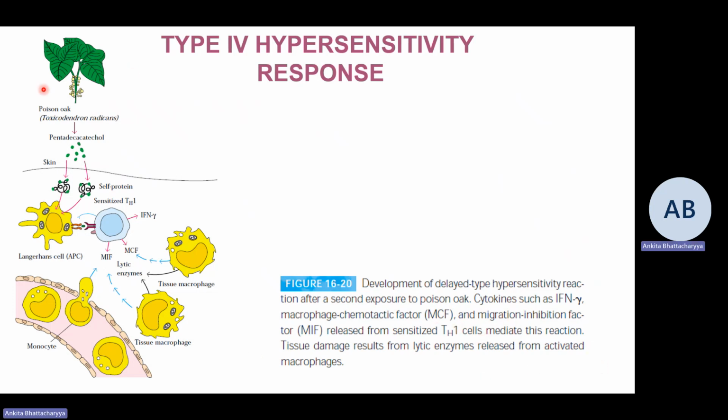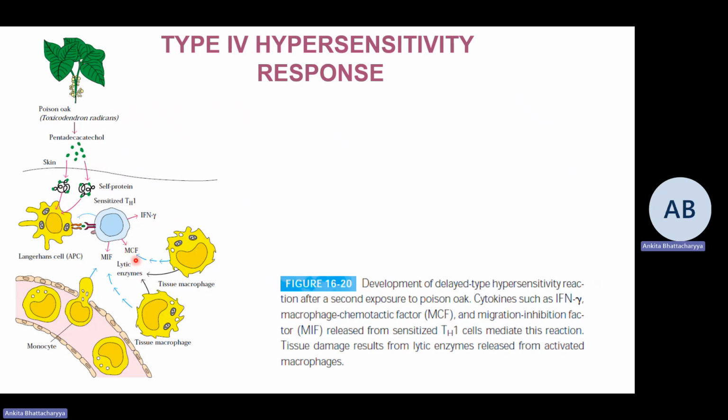So this is your allergen in this case, poison oak or Toxicodendron radicans, which releases pentadecacatechol that enters into the skin and is taken up by APCs like Langerhans cells, which then present it, sensitizing the Th1. Such a sensitized Th1 releases all three ligands, MIF, MCF, and interferon gamma.